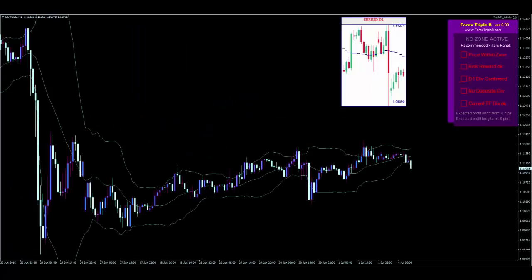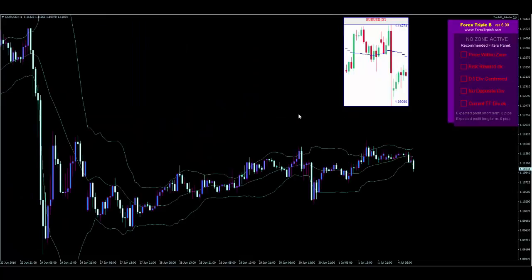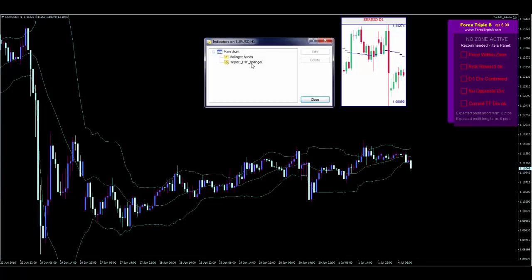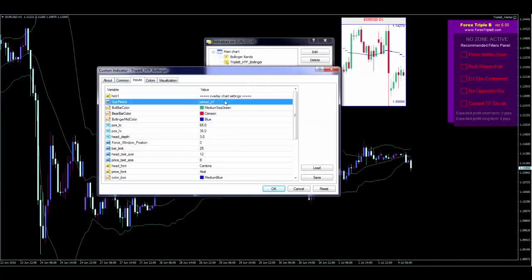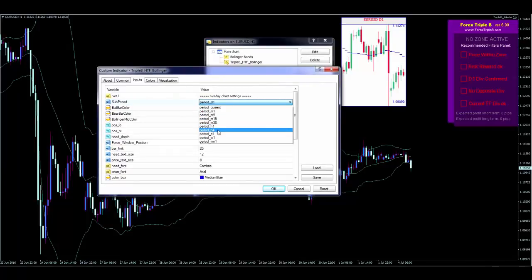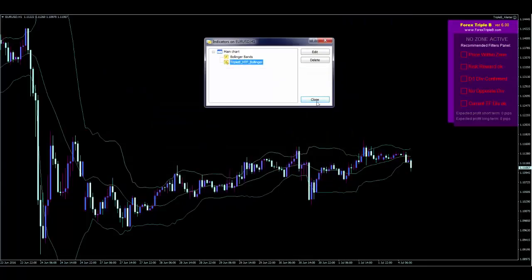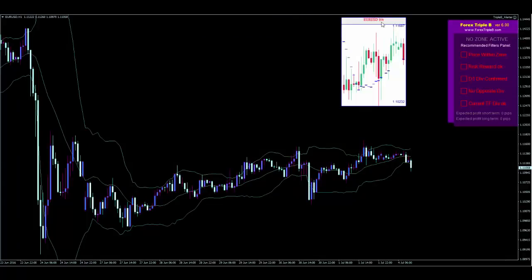It used to be 1 hour chart trading with a daily combination, but now you can control it and choose the time frame you would like to confirm. If you want to make sure you are joining the 4-hour chart, all you have to do is choose the 4-hour chart to work with, and it will give you the Bollinger Bands from the 4-hour chart right here.